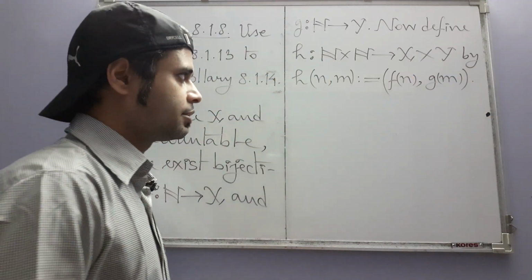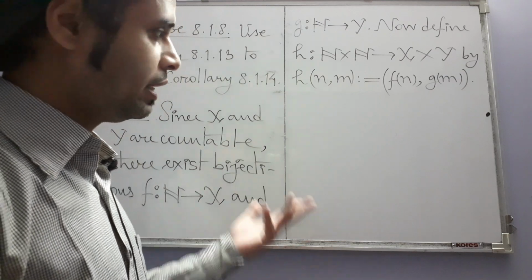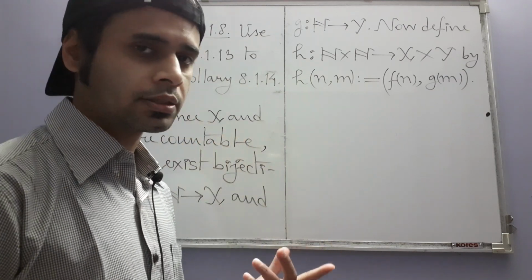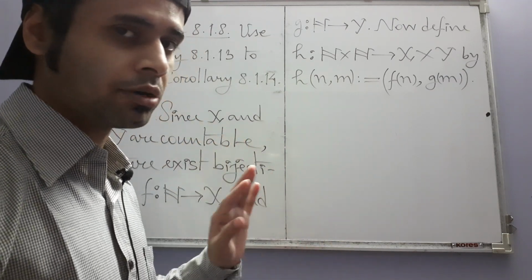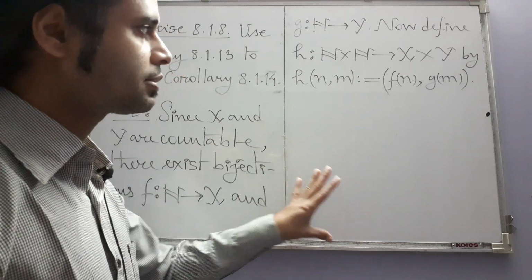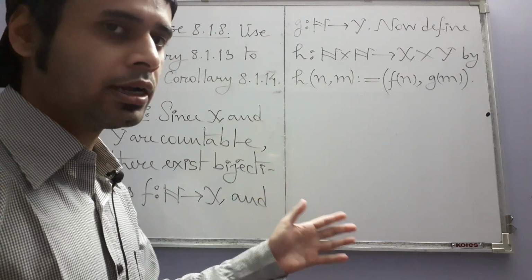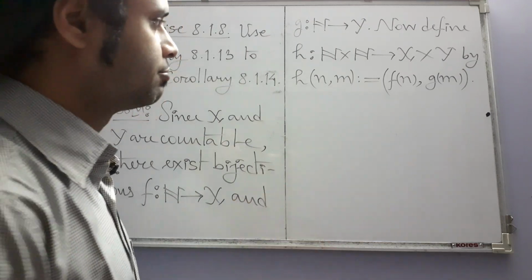Let's now look at this formula. Again, whenever we define some function, from our side we need to first of all make sure that it's actually a legitimate function. That means it is well defined.